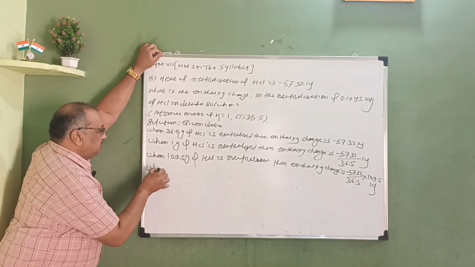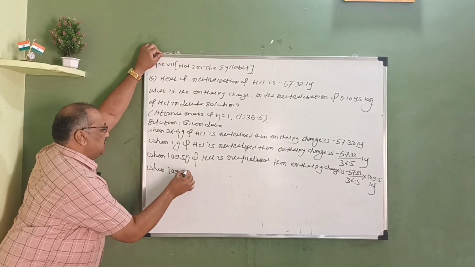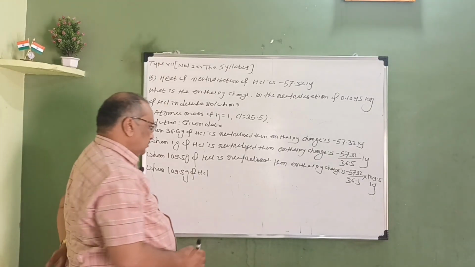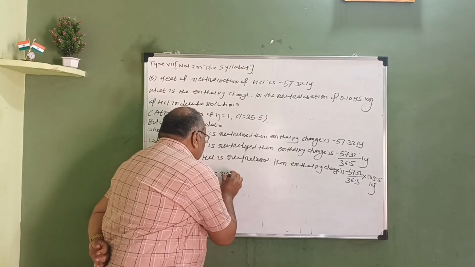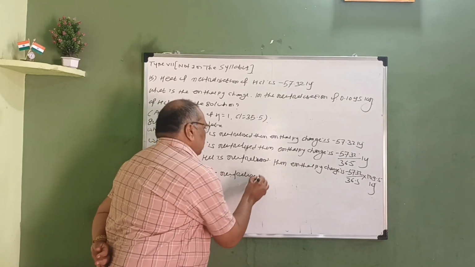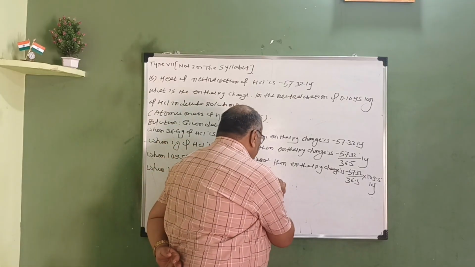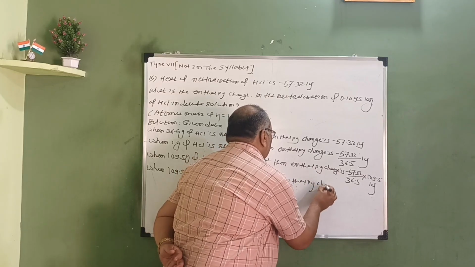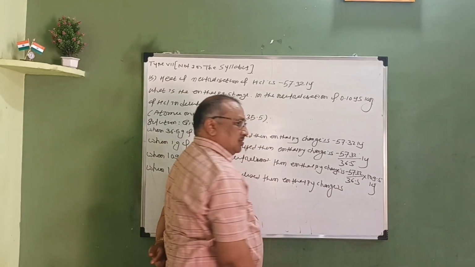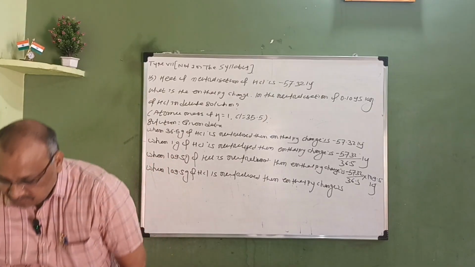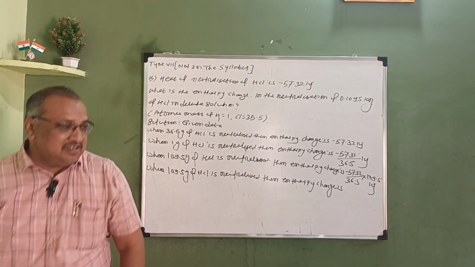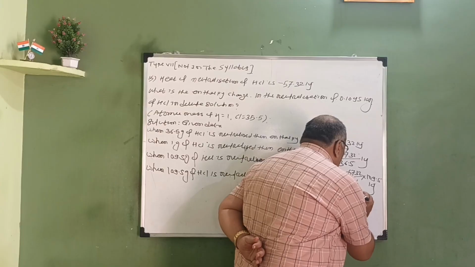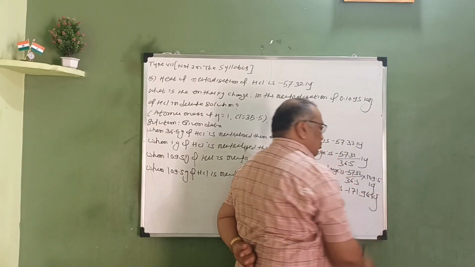That means when 109.5 gram of HCl is neutralized, then enthalpy change is minus 171.96 kilojoule.